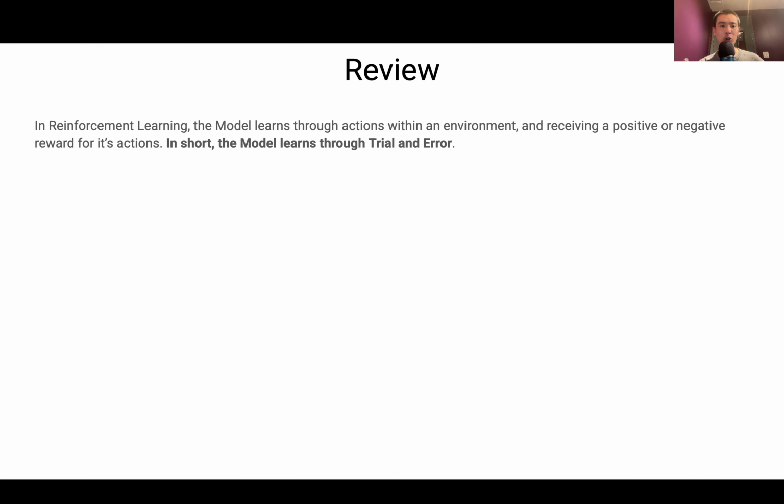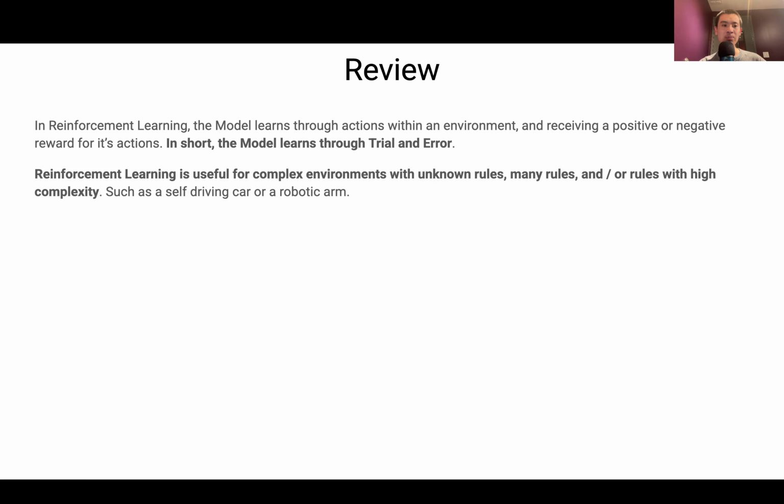And we have gone over a lot of reinforcement learning stuff in the past 2 videos. So let's do a review. In reinforcement learning, the model learns through actions within an environment and receiving a positive or negative reward for its actions. In short, the model learns through trial and error.